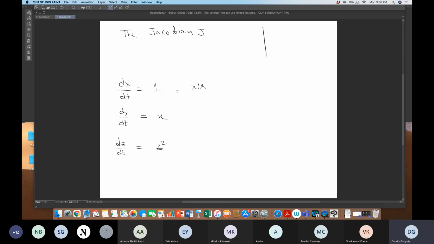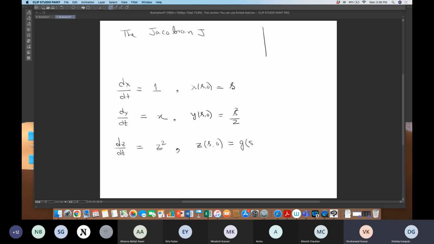What is x of s, 0? s. What is y of s, 0? s square by 2. Good. What is z of s comma 0?